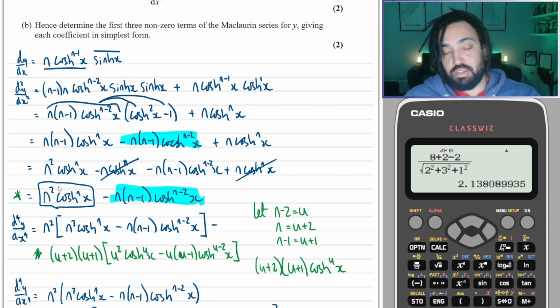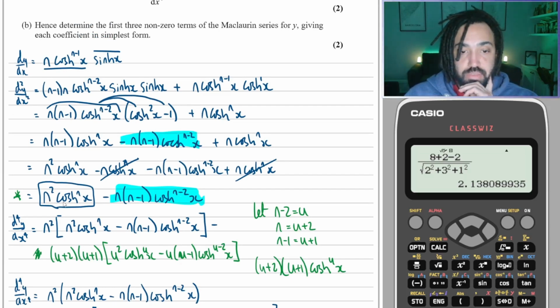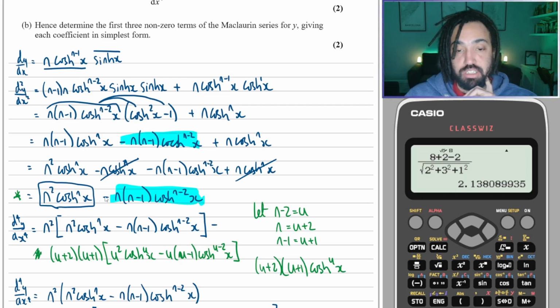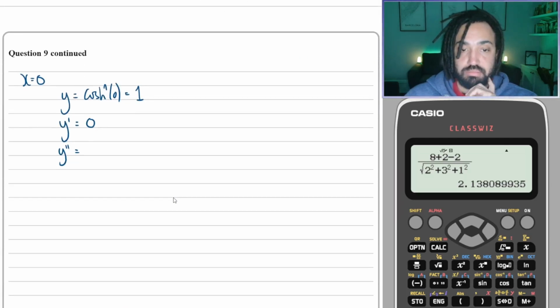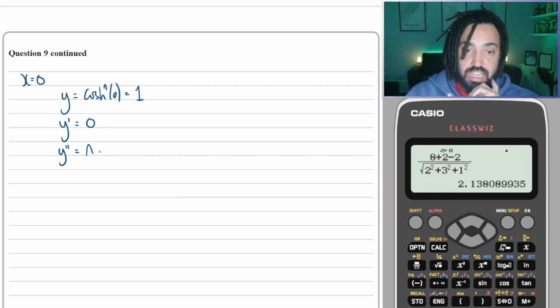Okay, the second derivative, well, that's what we calculated, and this is going to equal, well, the cosh part is going to give me 1, so that's going to be n squared. Again, the cosh part is going to give me 1, so it's going to be n squared minus n minus 1. So it'd be n squared minus n minus 1, which is n squared minus n squared plus n.